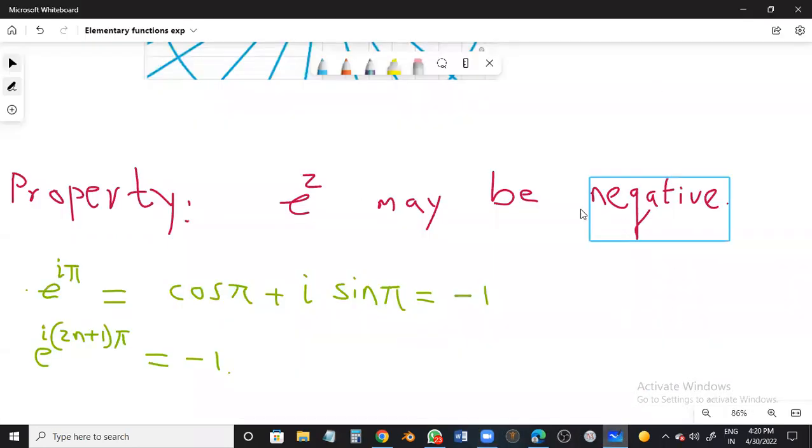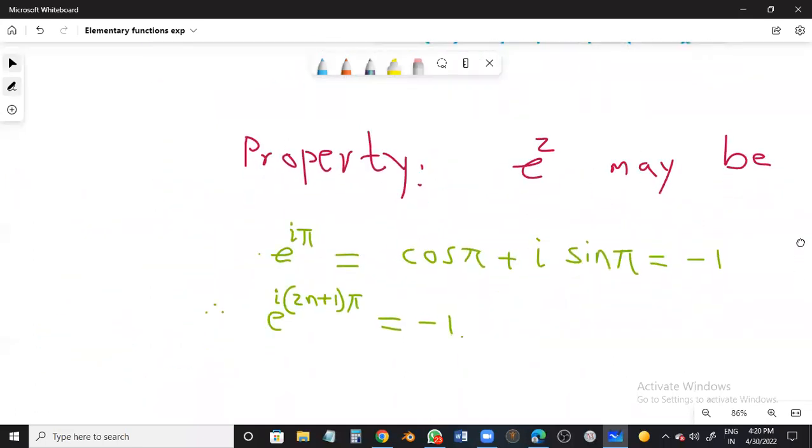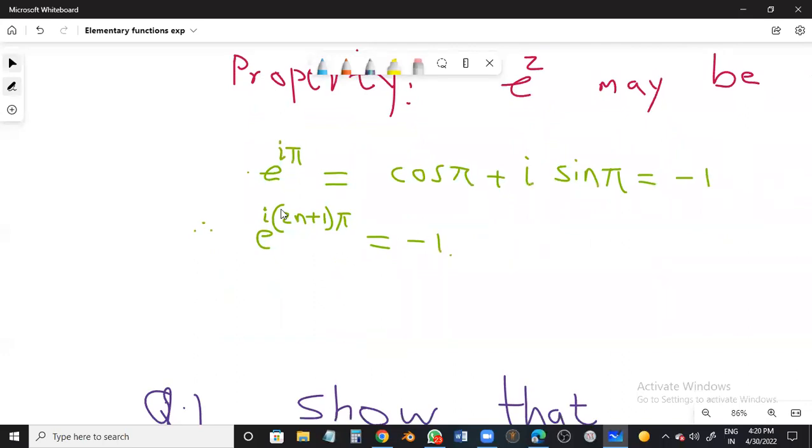So e raised to z may be negative. For complex numbers, this is the basic change. When will it be negative? You know very certainly that cos pi is -1 and sin pi is 0. So e raised to i pi will be cos pi plus i sin pi, so very obviously its value will be -1.